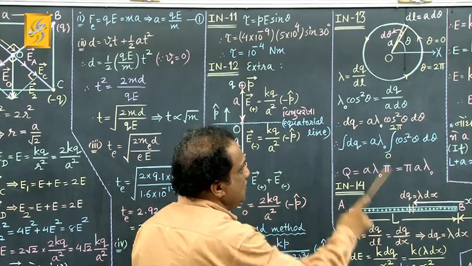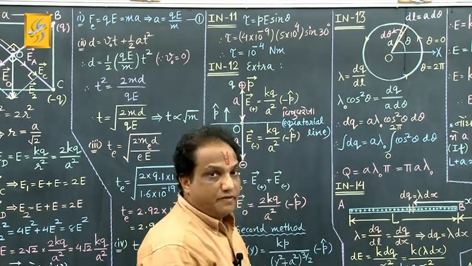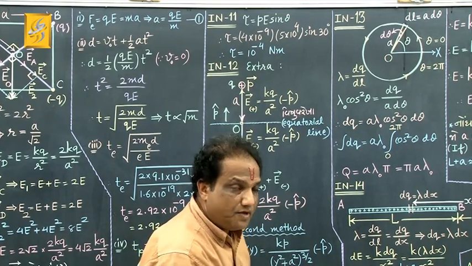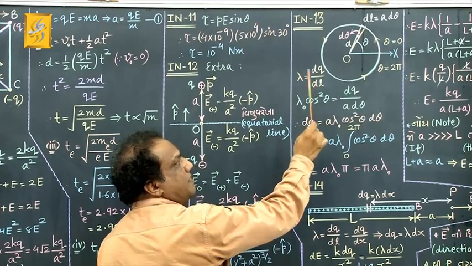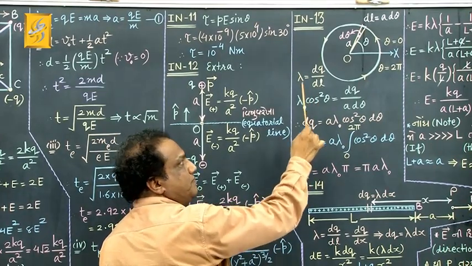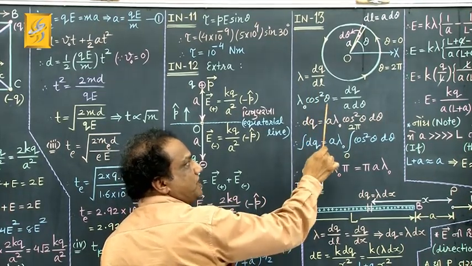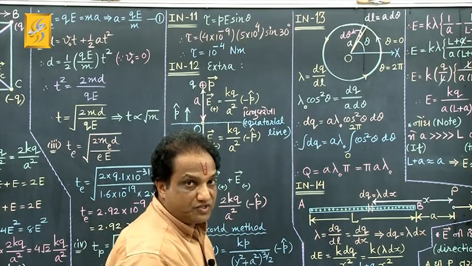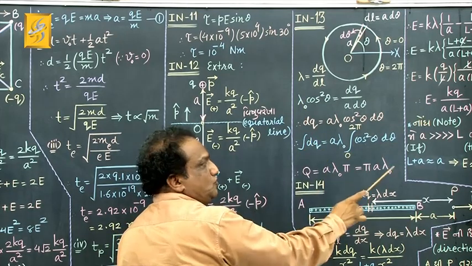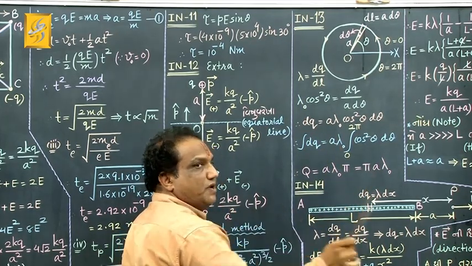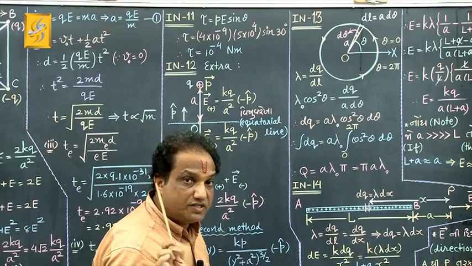What is lambda 0 here? You can say it is the maximum linear charge density. Why maximum? When you want the maximum value of lambda, you may write lambda maximum. But for lambda to be maximum, this cos square theta must be maximum. What is the maximum value of the cosine function? It is 1. 1 square will be 1, and 1 into lambda 0 will be lambda 0. So no doubt the symbol is lambda 0, but it indicates the maximum value of linear charge density.